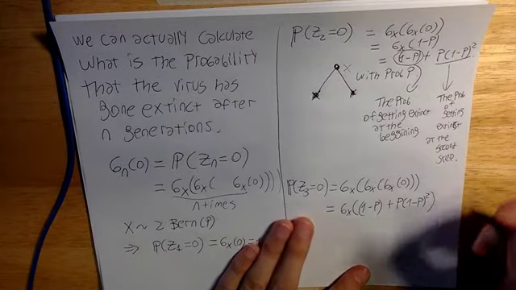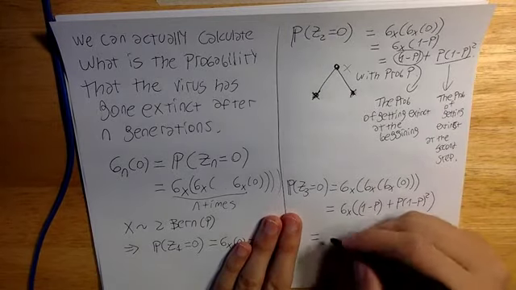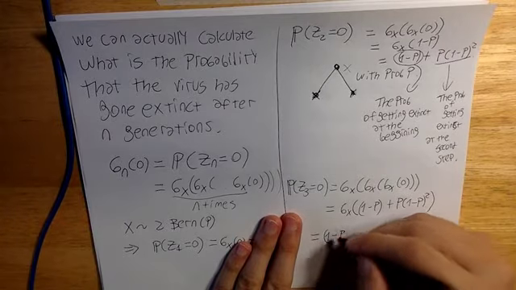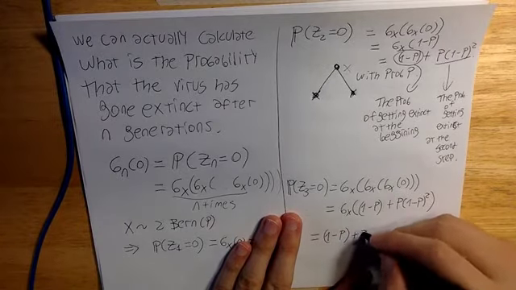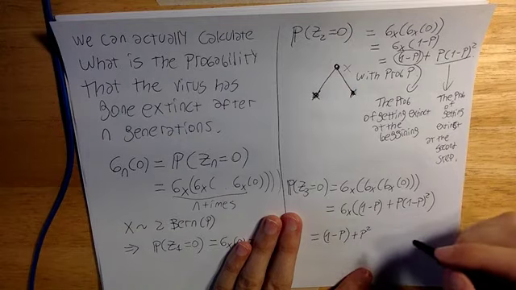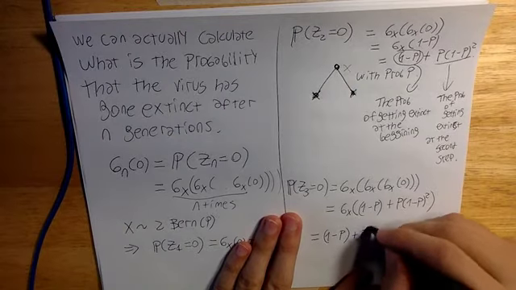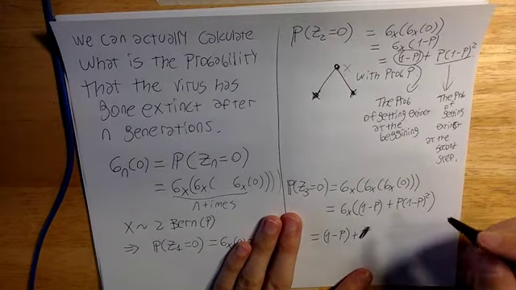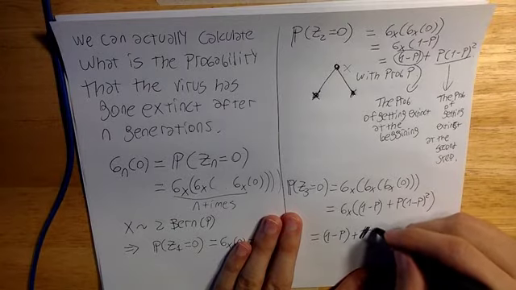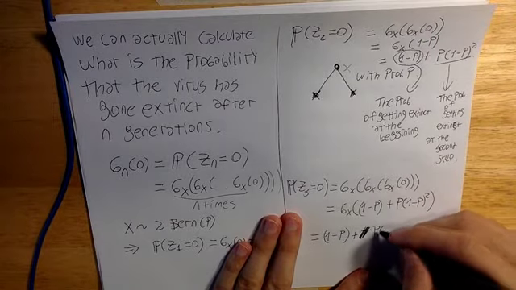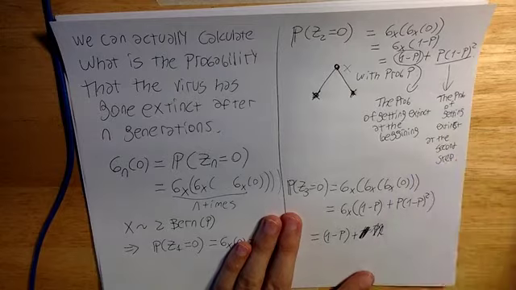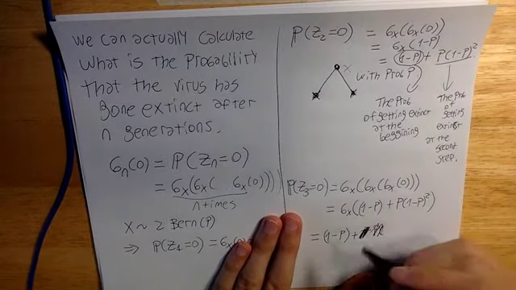So what we are going to get, and you can actually just write it down, this is going to be 1 minus p plus p squared, plus 1 minus p. So the point is you can actually write this down inductively.